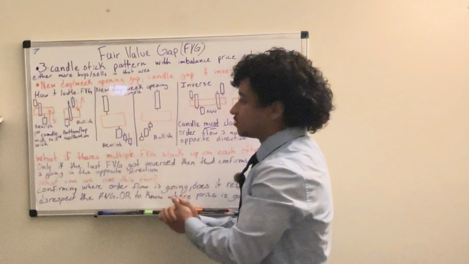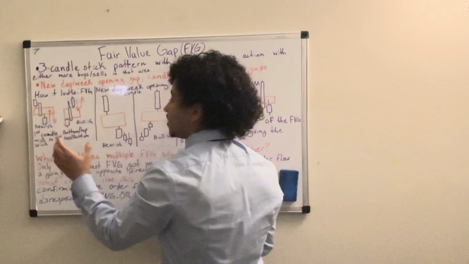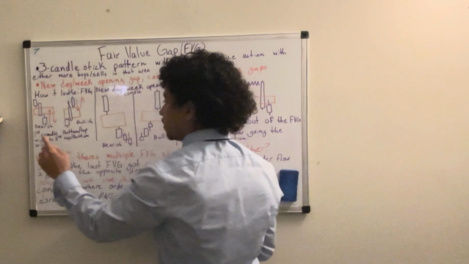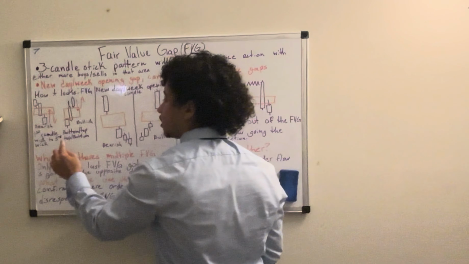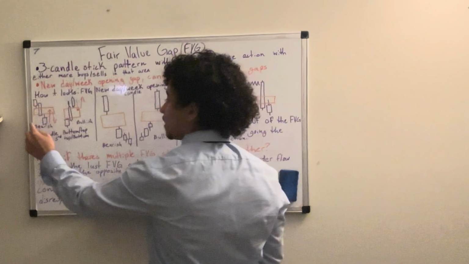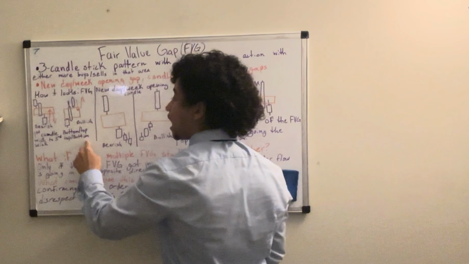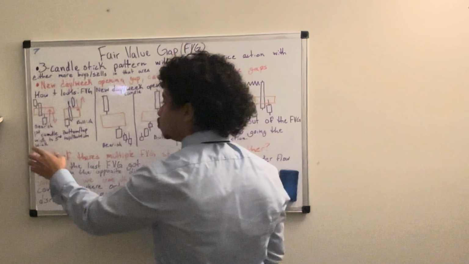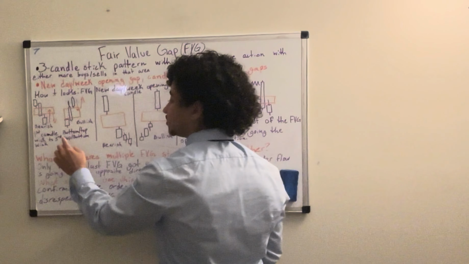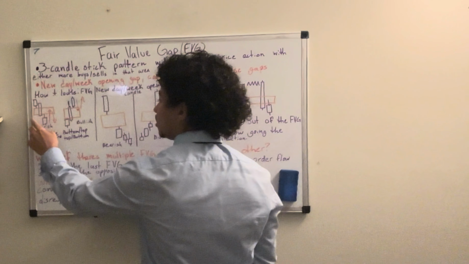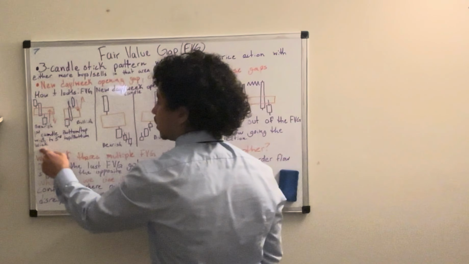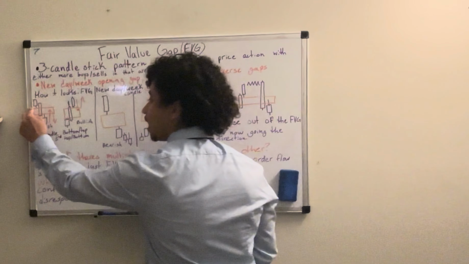We identify this by finding a three candlestick pattern. For a bearish fair value gap, take the first candle's bottom wick and the third candle's top wick. For a bullish fair value gap, take the first candle's top wick and the third candle's bottom wick.